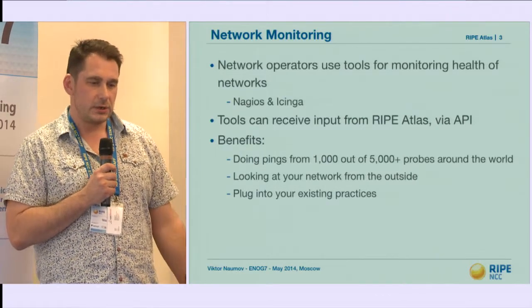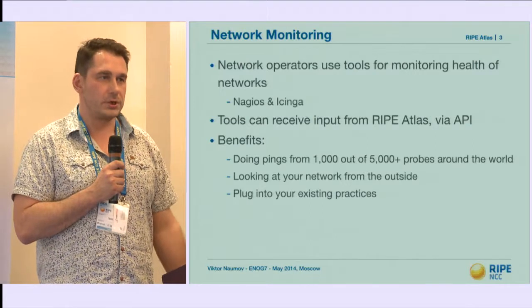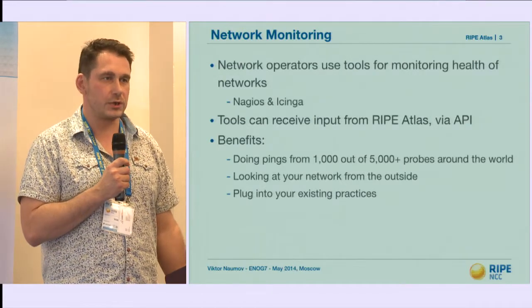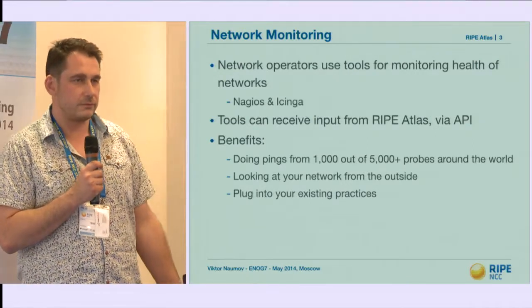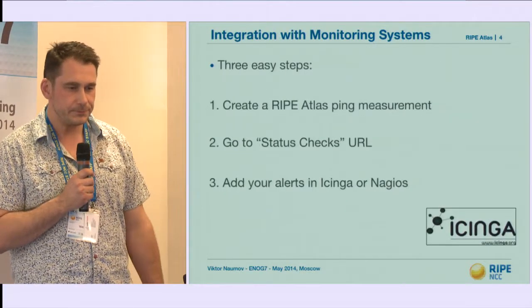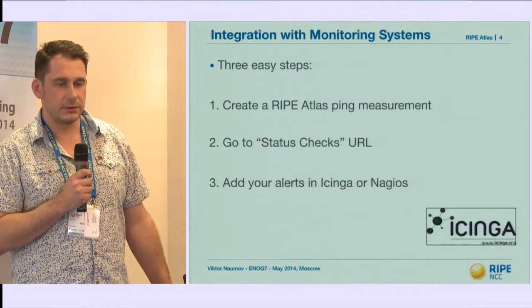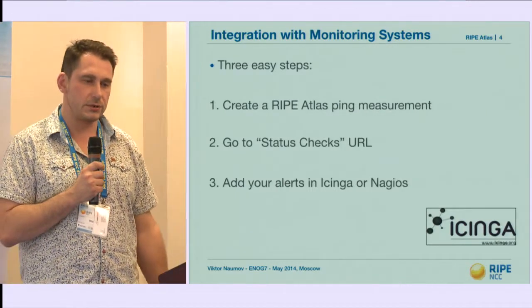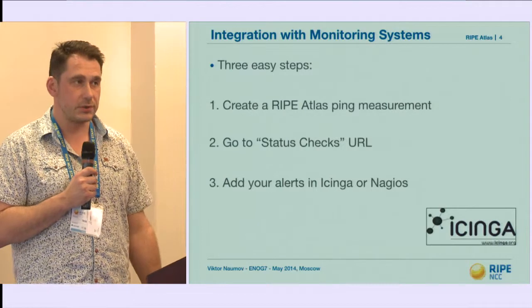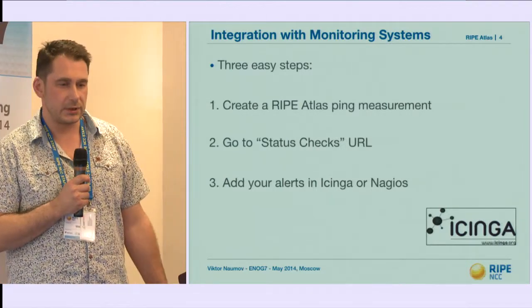And you can also look at your network from the outside and initiate different alerts in this process. The RIPE Atlas integration in Nagios is simple, or Icinga for that matter.